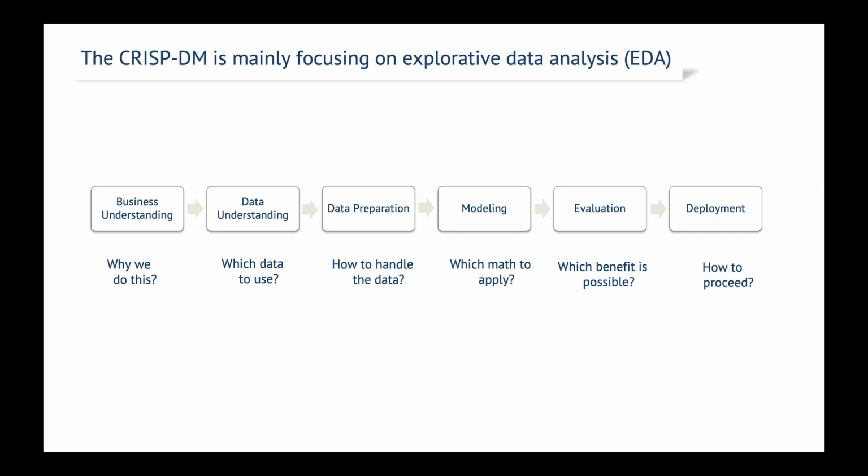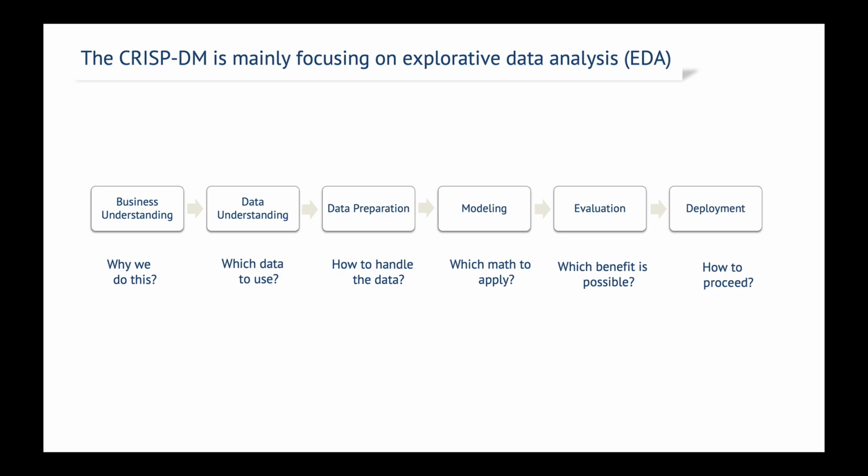Why is it so important to understand these individual things? Each of these steps is answering more or less an individual question. The business understanding is all about why we do this. The data understanding is about which data to use, data preparation, how to handle the data. The modeling is all about the math, which math to apply. The evaluation, which benefit is possible, and deployment, how to proceed.